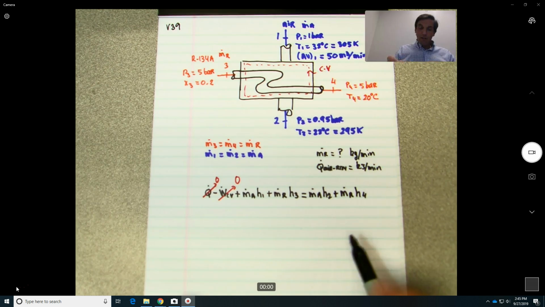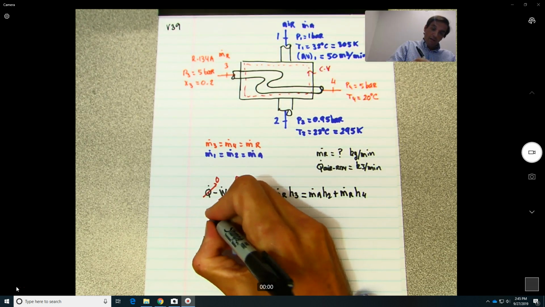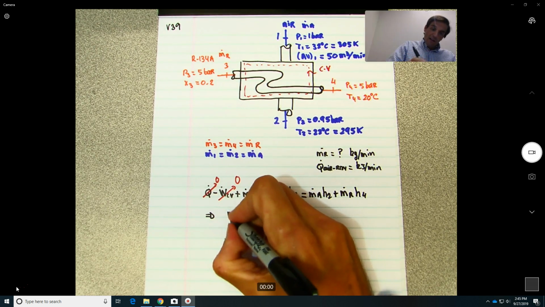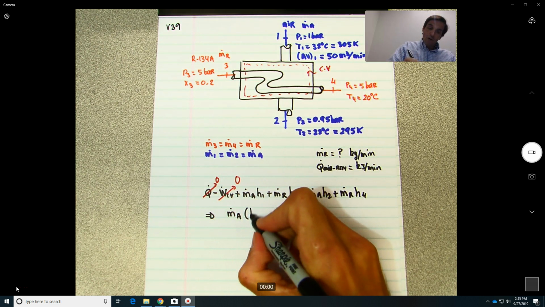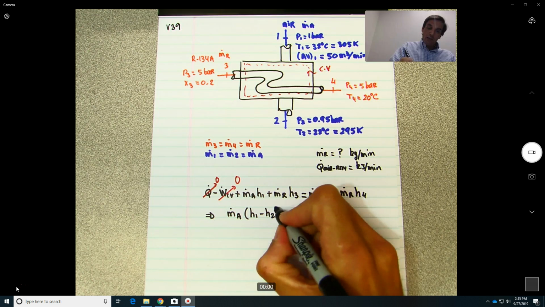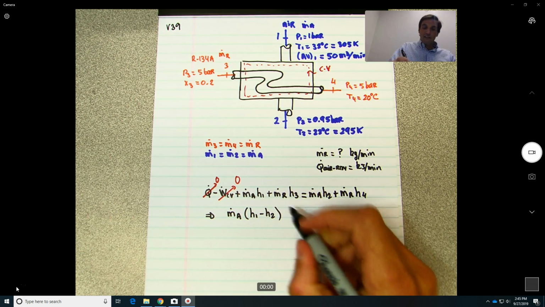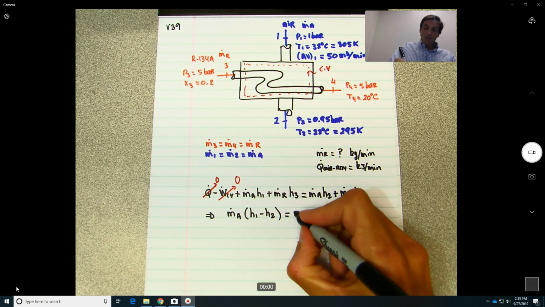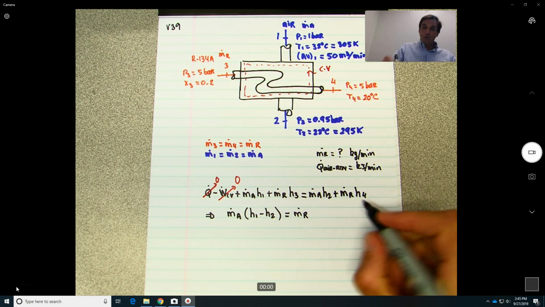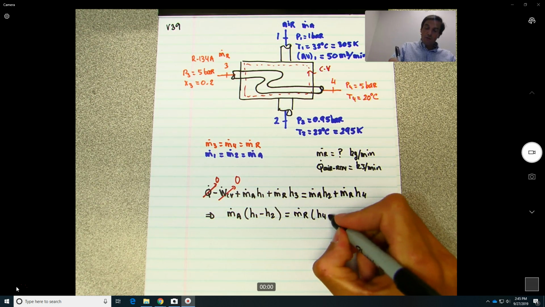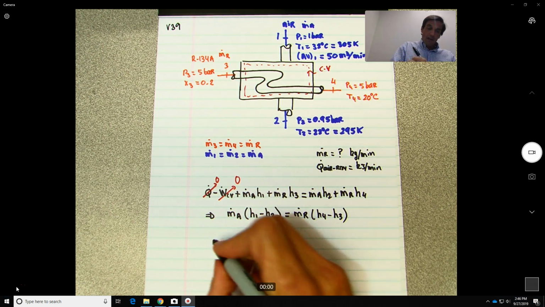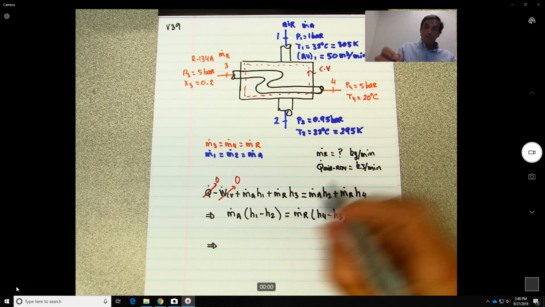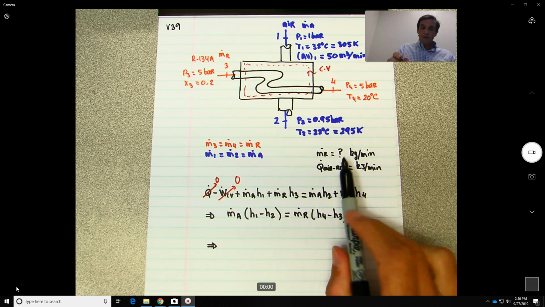So basically we are left over with mass flow of air times (H1 minus H2). I'm moving that one to that side. Now move the mass flow of the refrigerant to the other side, and it will equal what? H4 minus H3. And here we need to solve for the mass flow of the refrigerant.